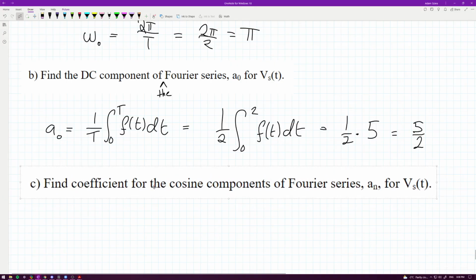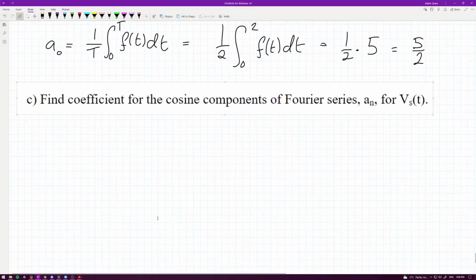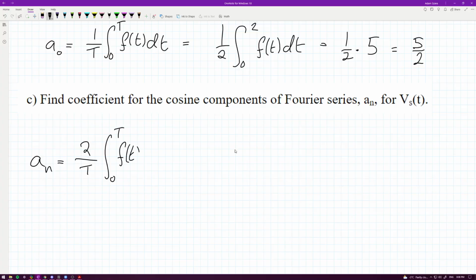Obviously, ask questions if you have any. Next, find the coefficient for the cosine component of the Fourier series, an. an is 2 over the period times the integral over the period of f of t times cosine n omega 0 t dt. It's a little different than the math way.